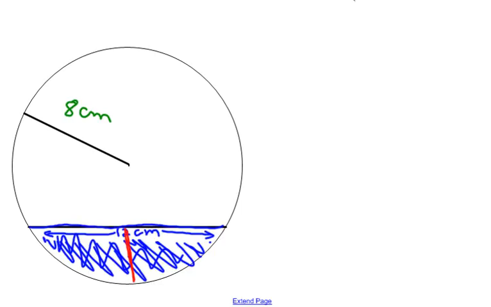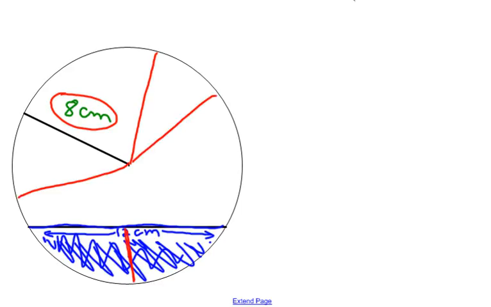Now, at first it might look like we don't have enough information, but we do have some information about this circle. What we do have is that the radius is 8 centimeters, and you know from previous experience that 8 centimeters can be measured anywhere to the outside of the circle. So if we measure this, then this line here must be 8 centimeters as well.